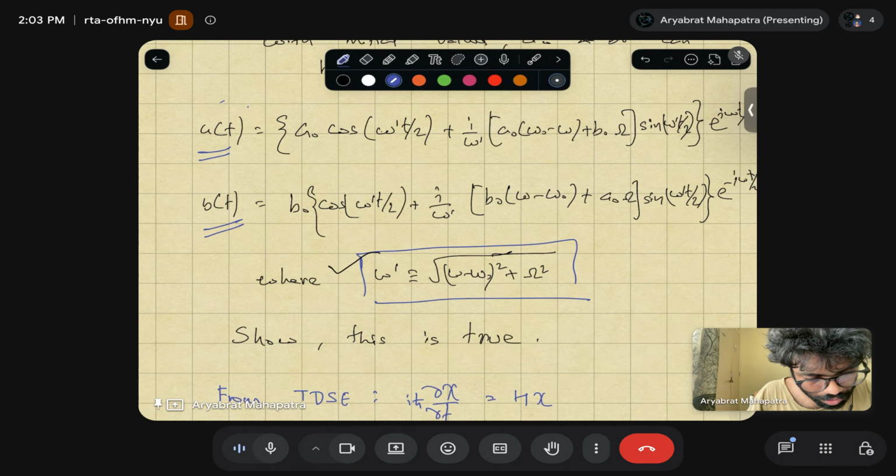Yeah, so this expression is slightly incorrect. It will be b naught. Yeah, now it is fine.